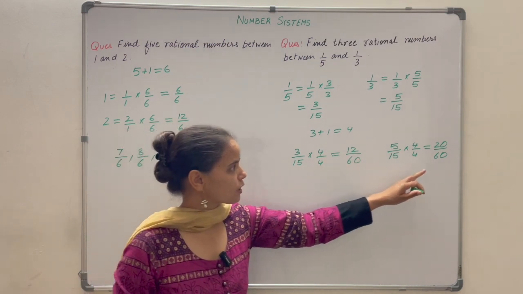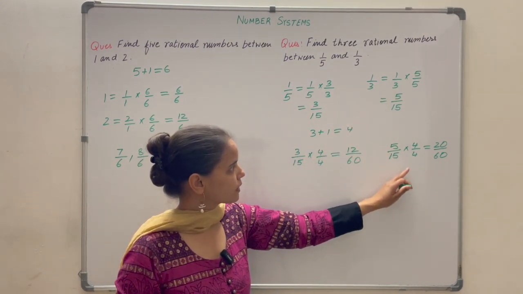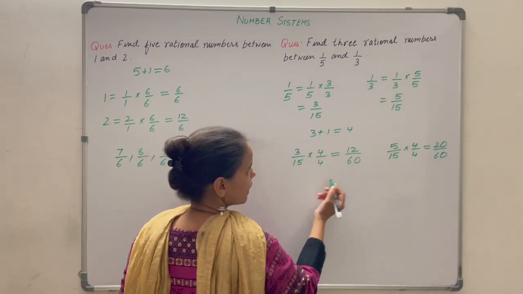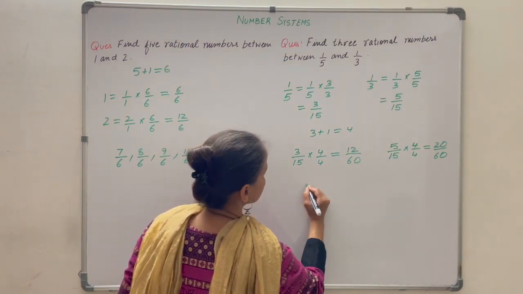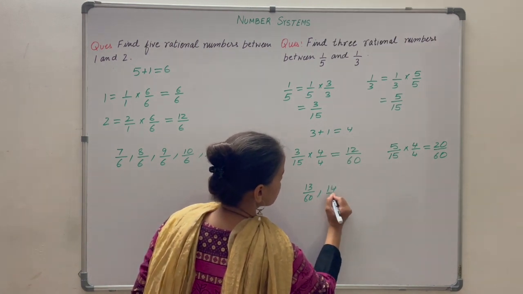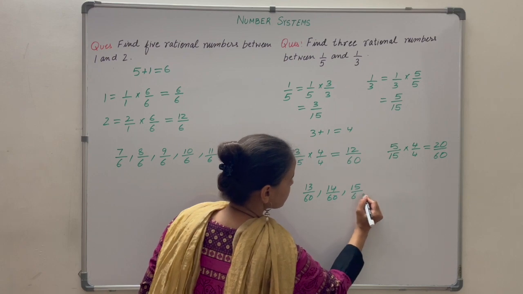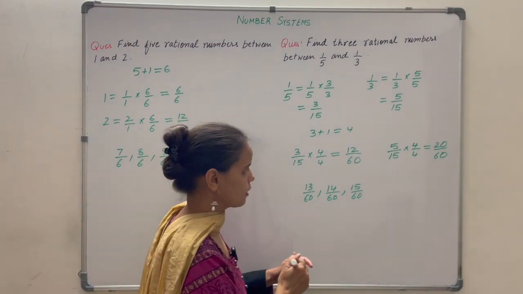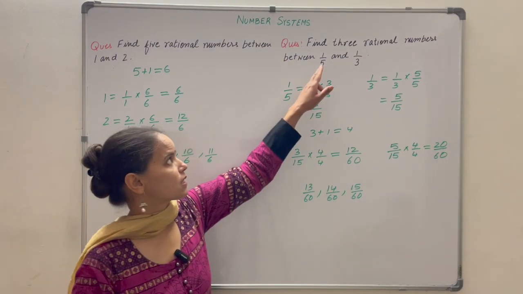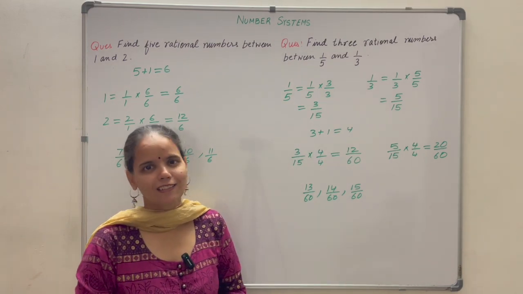So what are the rational numbers? 3 rational numbers between 1 by 5 and 1 by 3. You can write down any 3. So I am writing 13 by 60, 14 by 60 and 15 by 60. There are some extra rational numbers here, but you can leave it because it just says 3 rational numbers. So you can write down these 3 rational numbers.